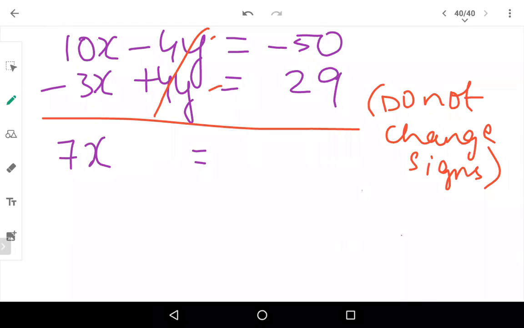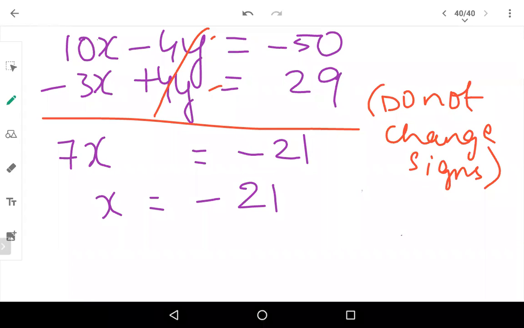How much will it give? 50 minus 29 will give me 21. No, it's not minus, okay. Minus 21, correct. So 7x is equal to minus 21 because 50 is the greater number and so it has the minus sign.